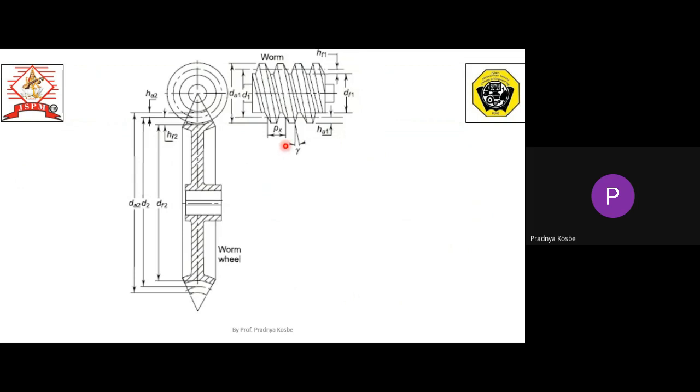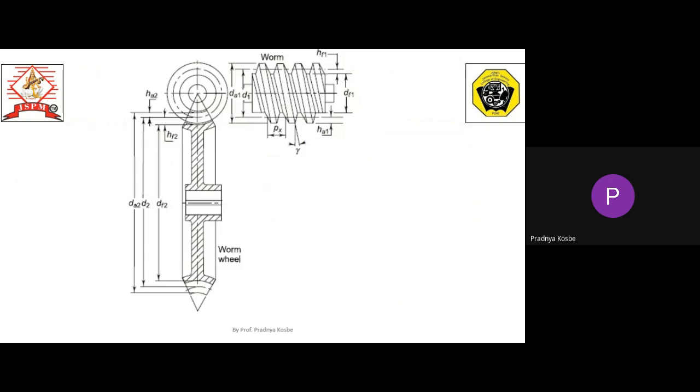PX is the lead axial pitch. Gamma is the lead angle.